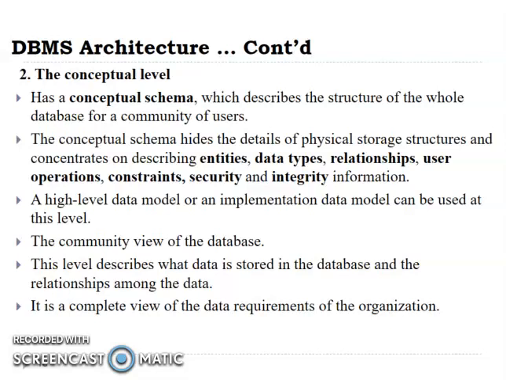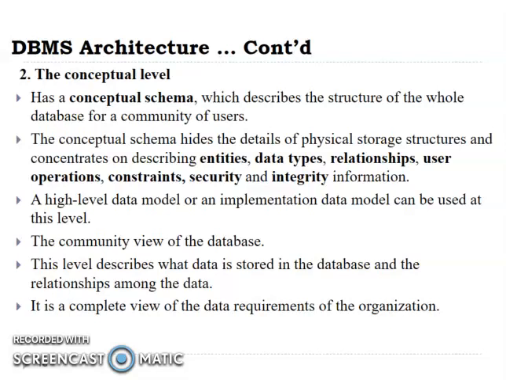Rather, it is focused on the entities you use, the data types, the relationships between entities, and the user operations, that means adding, dropping, deleting, and different kinds of operations. Then the constraints, or the rules the user must fulfill to use the data. The fourth one is security and integrity information.